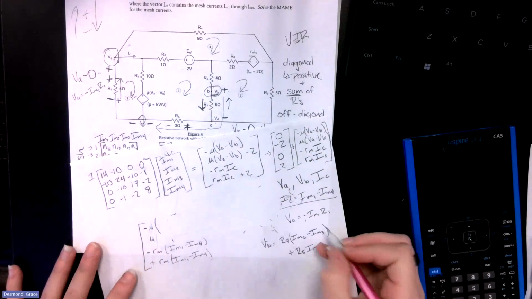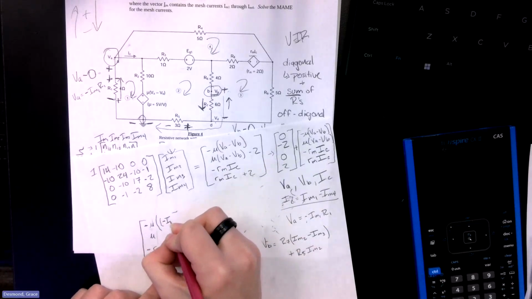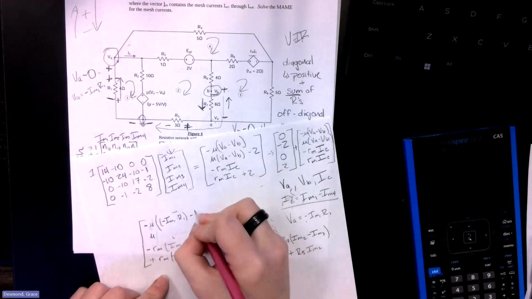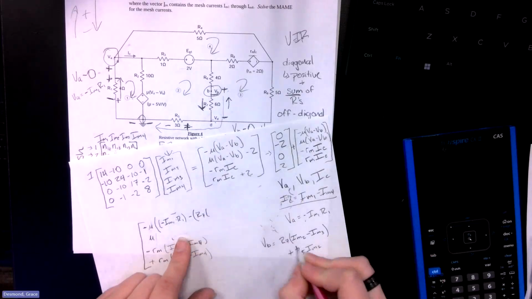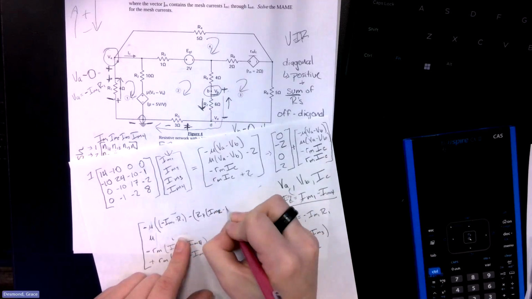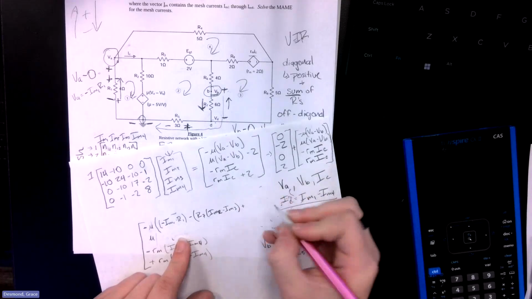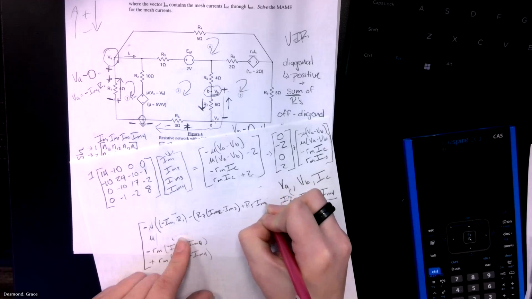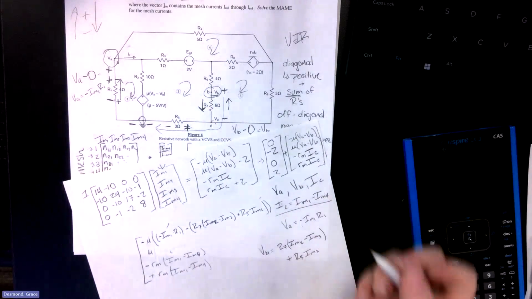So negative mu times negative IM1 times R1 minus R7 times IM2 minus IM3 plus R5 IM2. Parentheses, lots of parentheses.